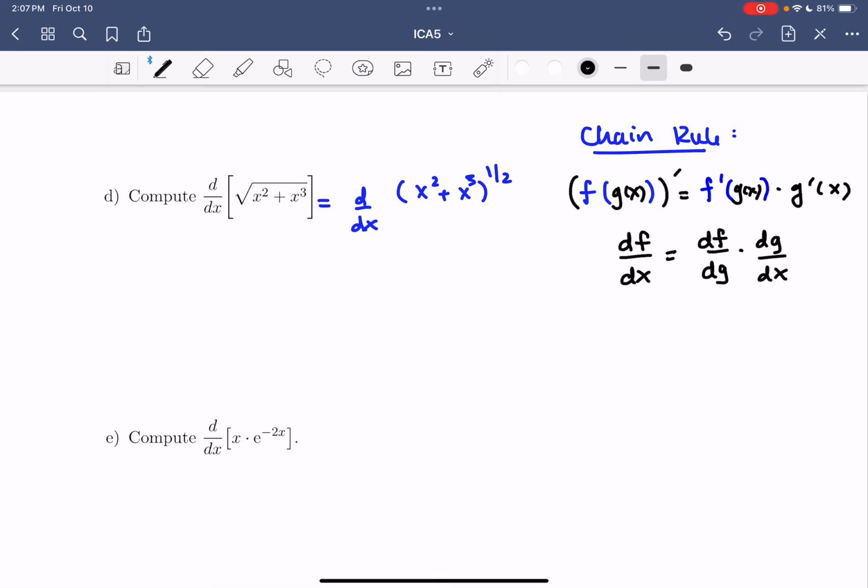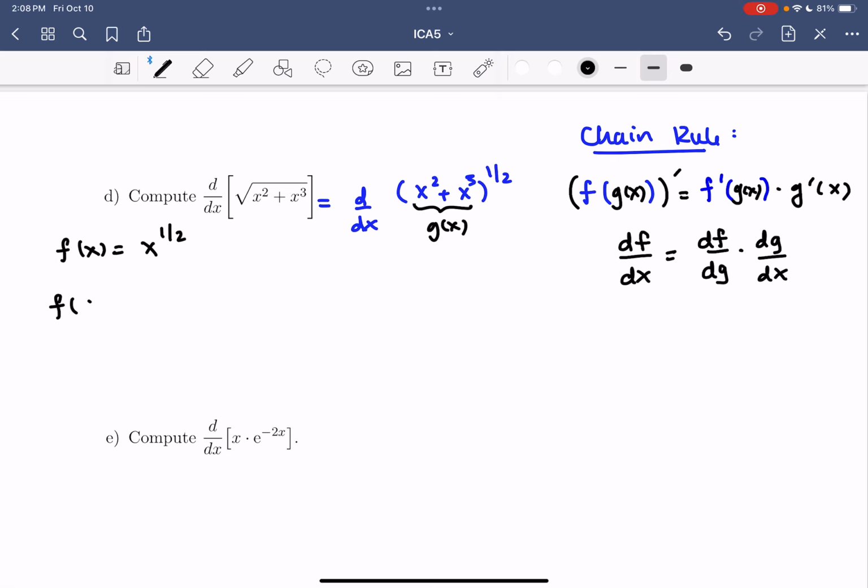So I'm going to do it. Now, again, once you do this enough times, there's no need for you to write all these steps, but I'm going to do it this one time just to remind you what's happening, right? Since I have (x squared plus x cubed) to the 1/2, this would be the inner function, g of x, and then f of x will be equal to x to the 1/2, right?